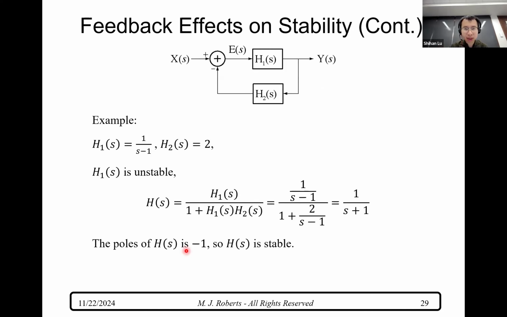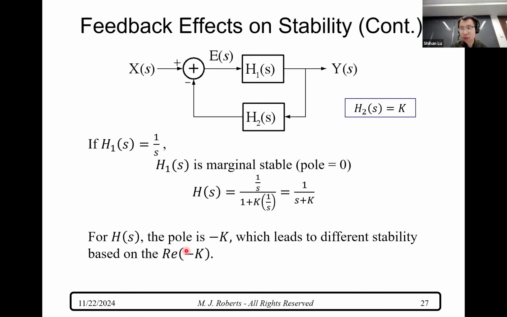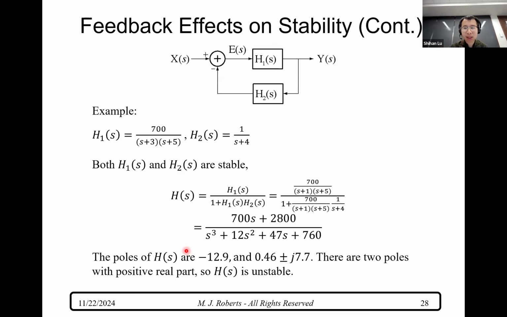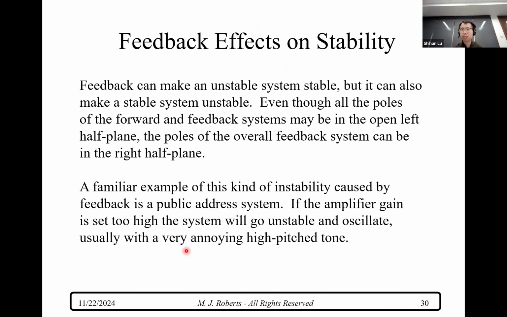Since we have talked about two examples, one is about going from an originally stable system to unstable, and the other is from an originally unstable system that then becomes stable by introducing a feedback into the system. Combining those examples, we can get a very preliminary conclusion that feedback can make an unstable system stable, or in the opposite way, make a stable system unstable.